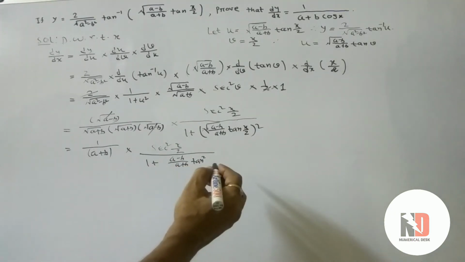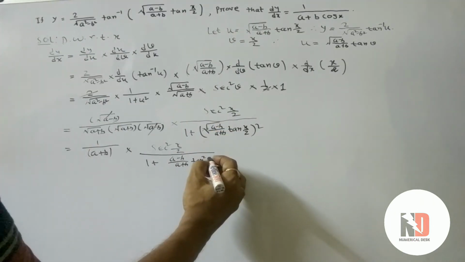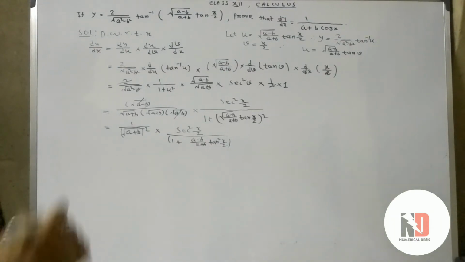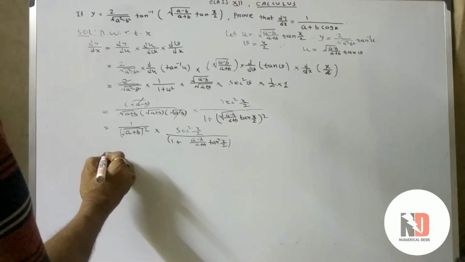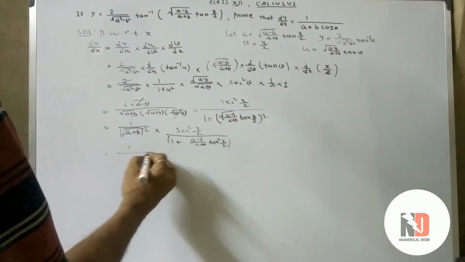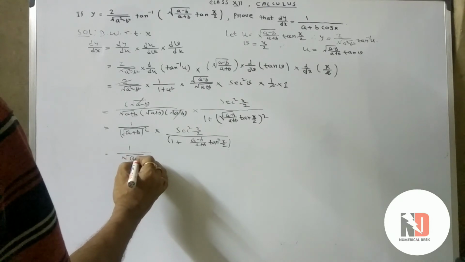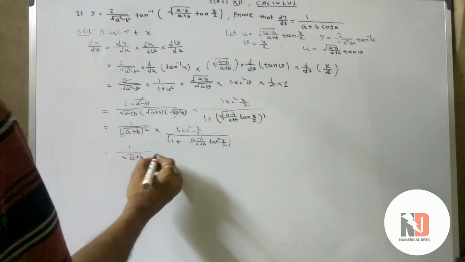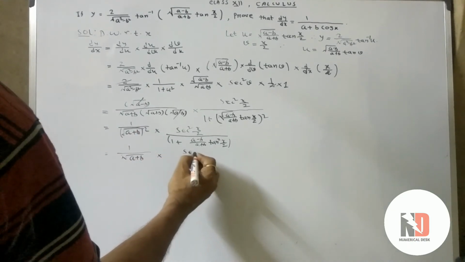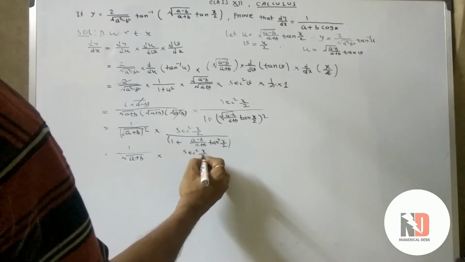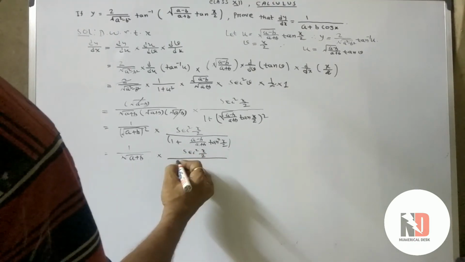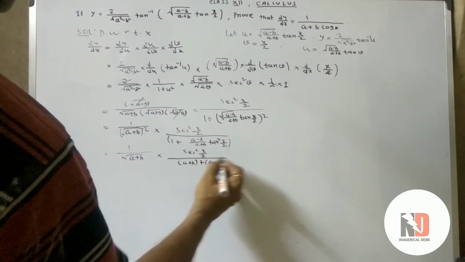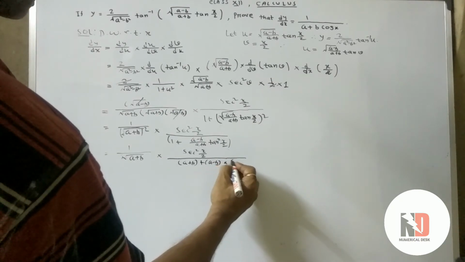Now see, up till this, after this, and c square x by 2, taking the LCM, a plus b into a minus b into tan square.